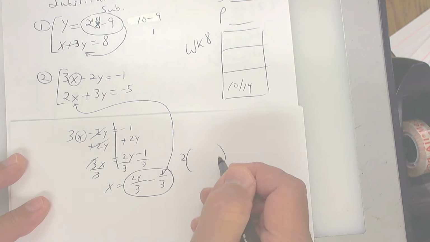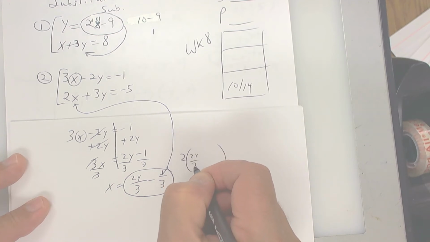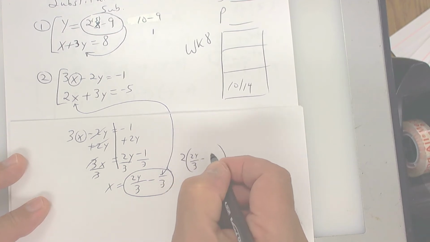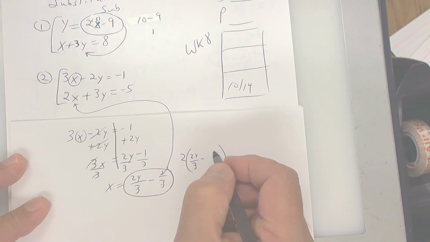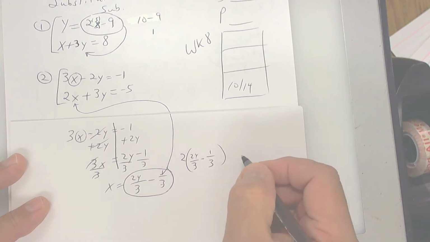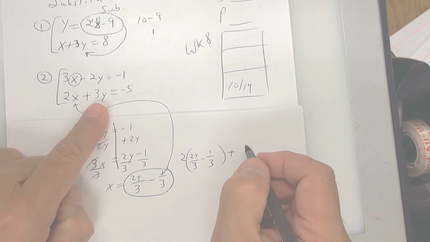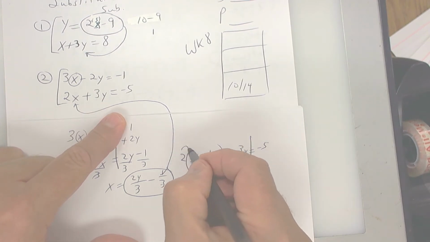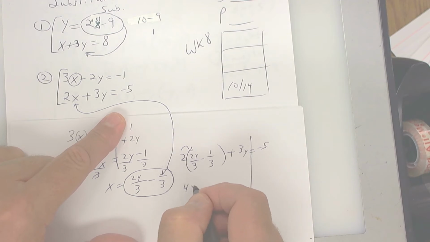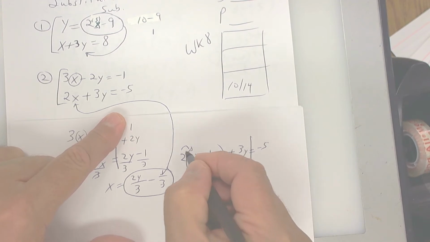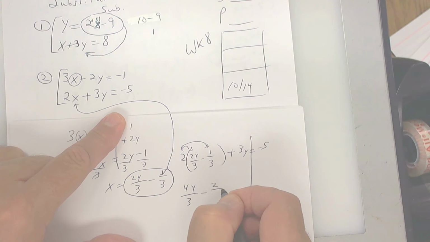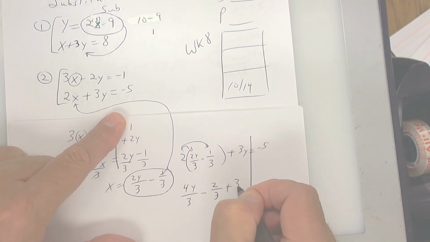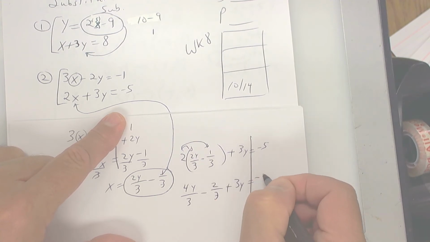This is your substitute. You're going to take all of this and put it in place of that x. So you're going to have 2 times 2y over 3 minus 1 over 3 plus 3y equals negative 5. Now you're going to distribute. So you're going to get 4y over 3 minus 2 over 3 plus 3y equals negative 5.